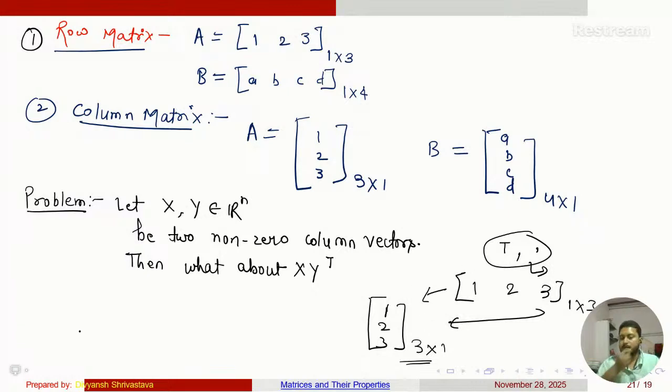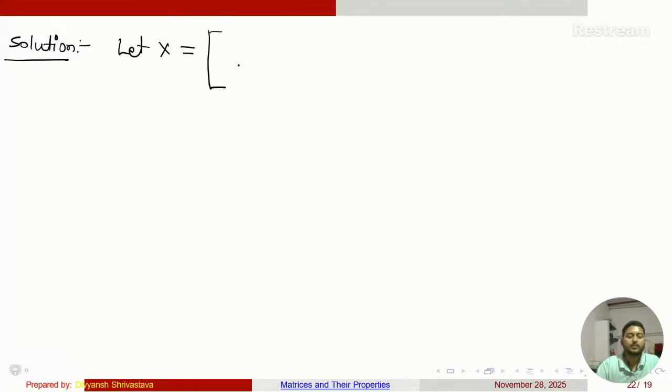Now come to the problem, x y transpose. Now come to the solution of this problem. Let x be a column matrix. Since no dimension is given, we take n as an example.